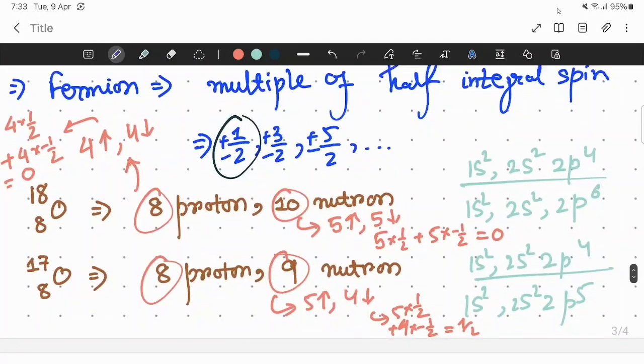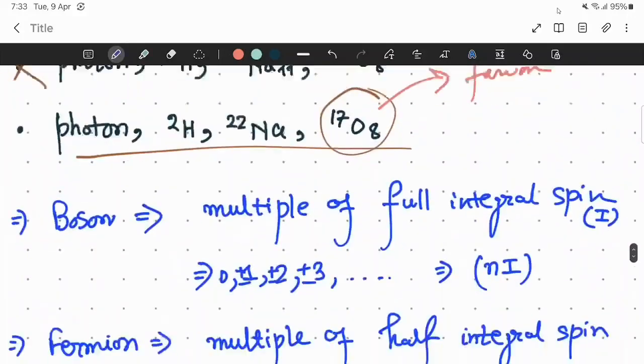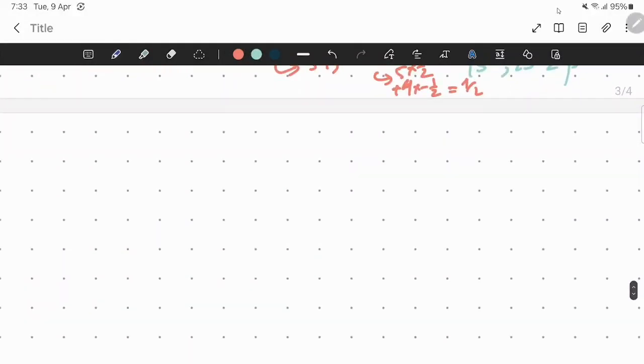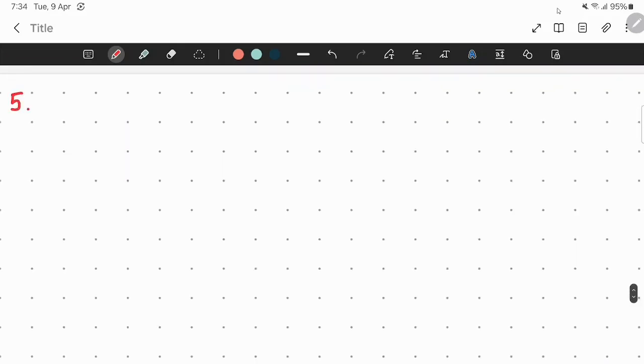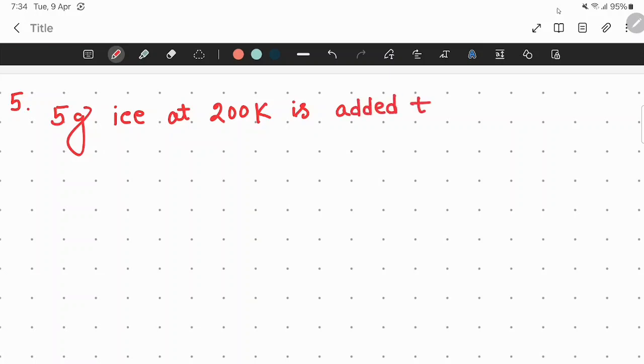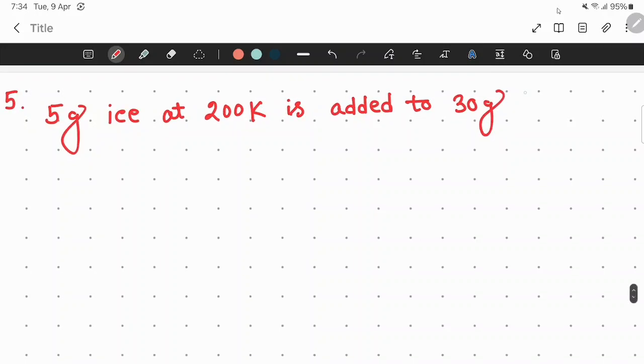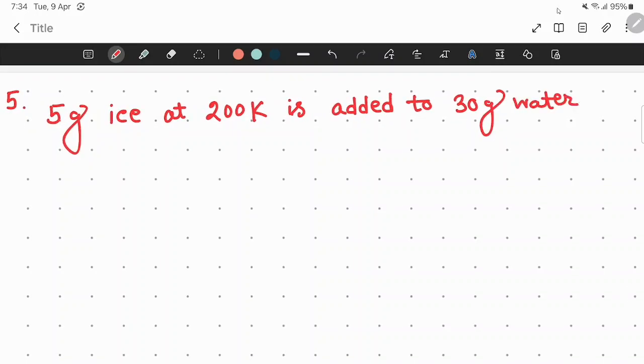Now this is our question number 4. Question number 5. 5 gram of ice at 200 Kelvin is added to 30 gram of water in a thermally insulated container. What is the final temperature?